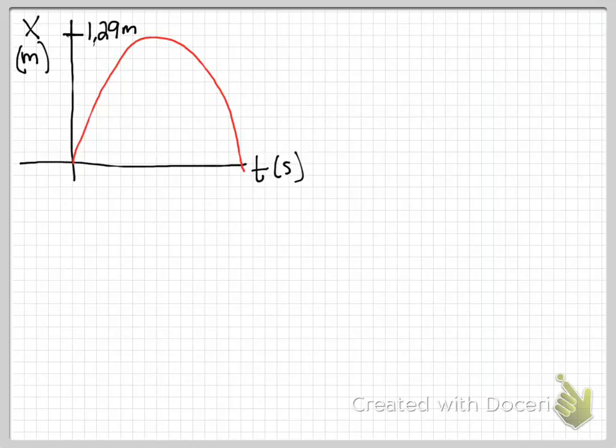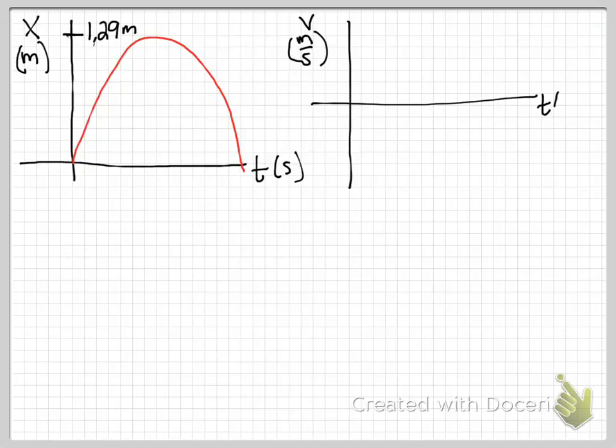The second graph that I'm going to draw is that of a velocity versus time graph. So we have velocity in meters per second and time in seconds. And for this graph, much like the ball toss lab, we know that Jordan's going to start off moving in the positive direction and end up moving in the negative direction.